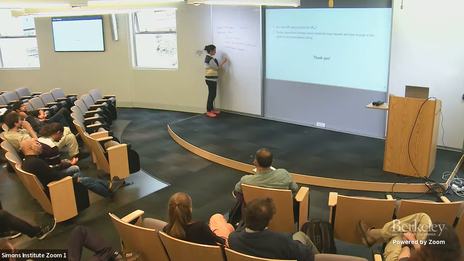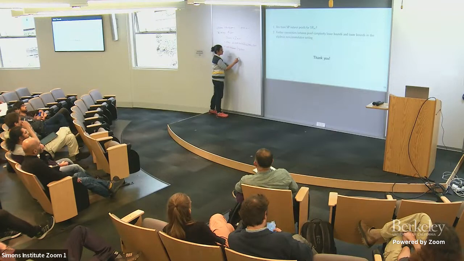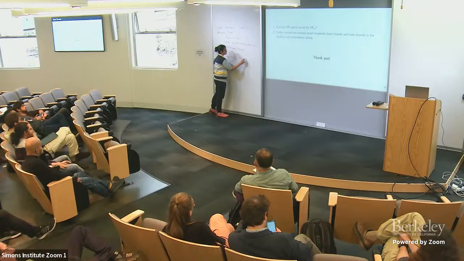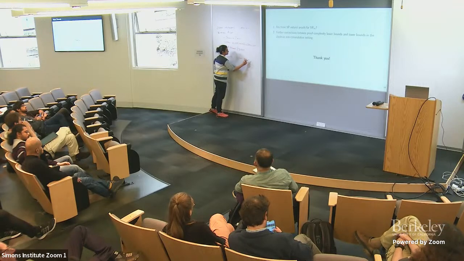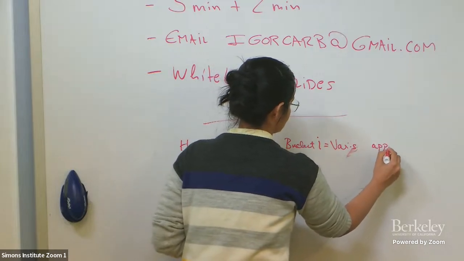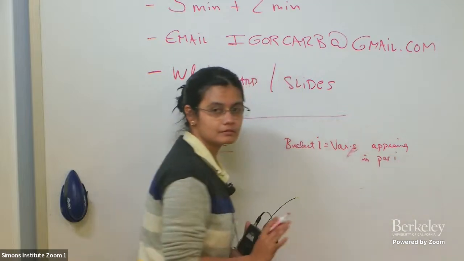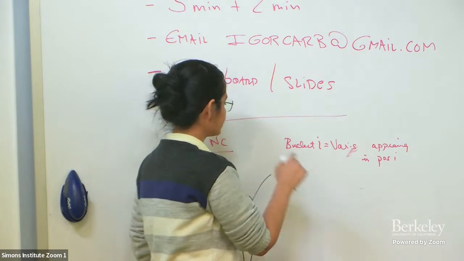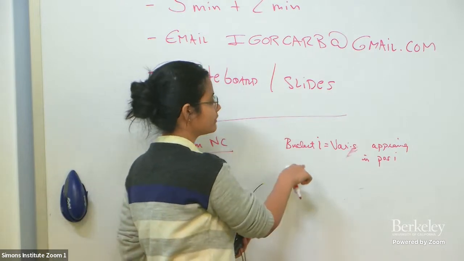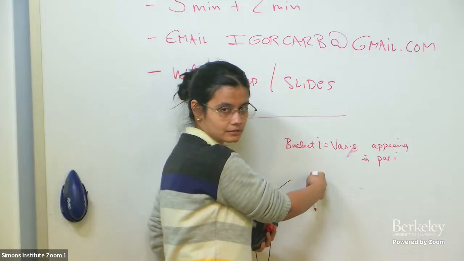If you had a homogeneous non-commutative thing, then if your bucket was just the variables appearing in position i, then the homogeneous non-commutative formula respects the order.